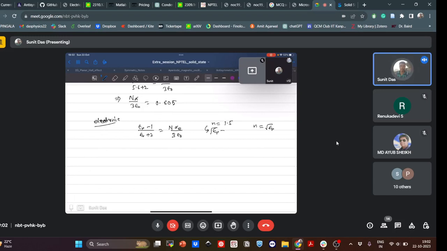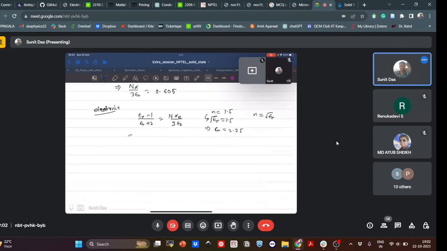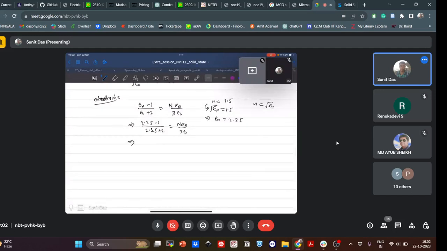So root epsilon r is 1.5, that means epsilon r is 2.25. So if we put this, n alpha e by 3 epsilon 0 will be 0.294.